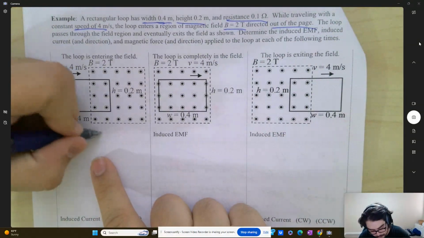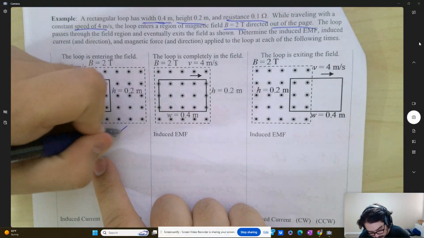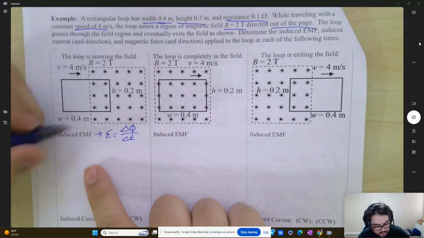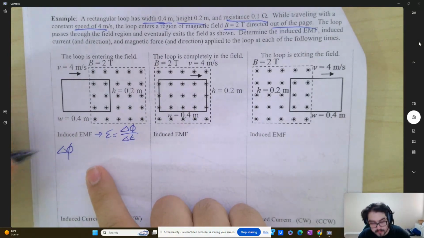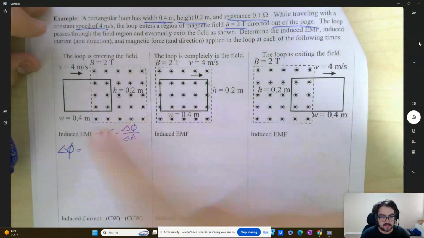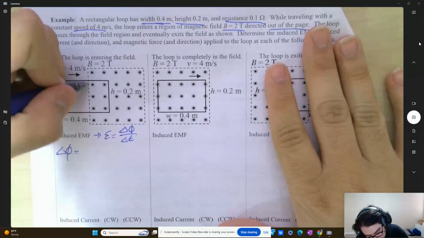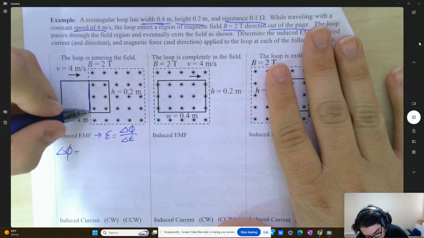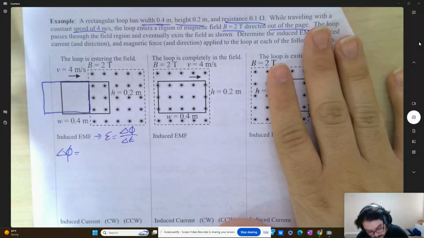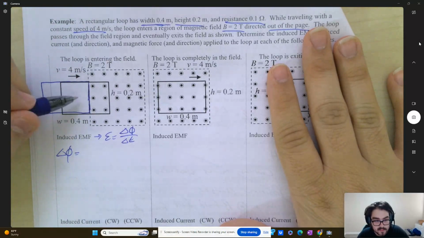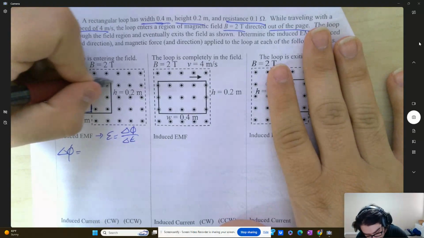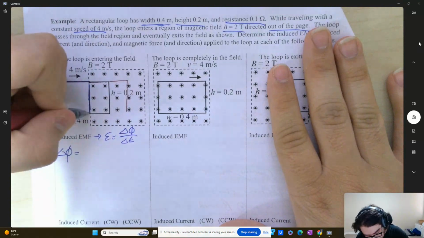Induced EMF, you know that induced EMF is equal to delta flux over delta time. And then we need to figure out delta flux. I want you to consider this. Initially, as the loop is entering the field, the loop has its right end right here. This rectangle I'm drawing in blue, initially this is where the loop is. And at the end of everything, this is where the loop is going to be. It's going to be fully in the field.